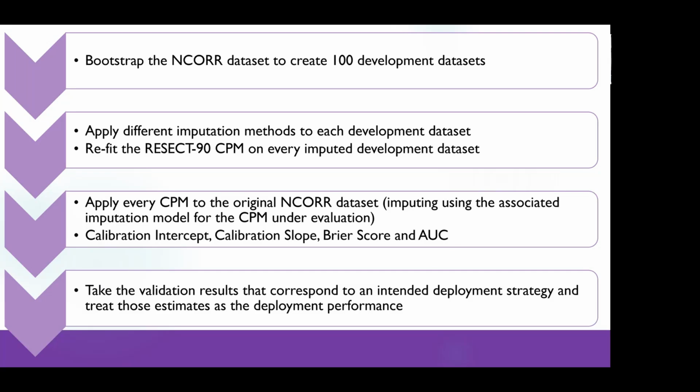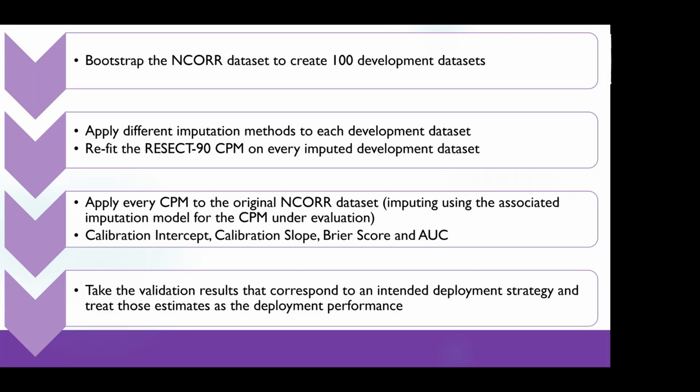We started by bootstrap resampling that data set to create 100 development data sets. Within each, we applied various different imputation methods: complete case, regression imputation, multiple imputation, and mean imputation. And within each of them, we refit that RESET-90 model.